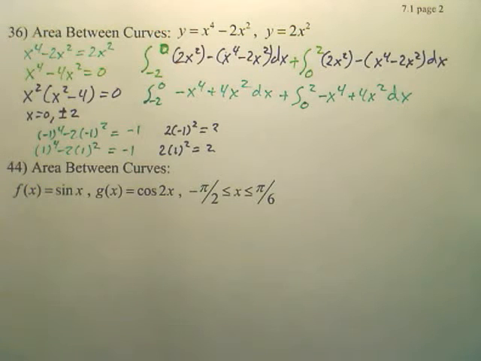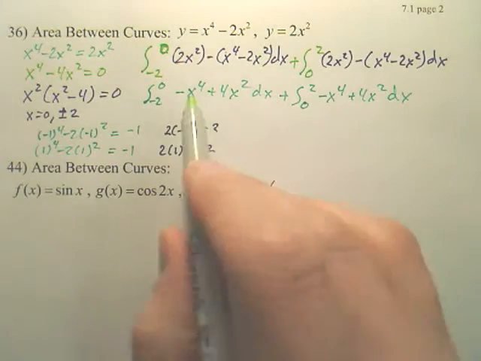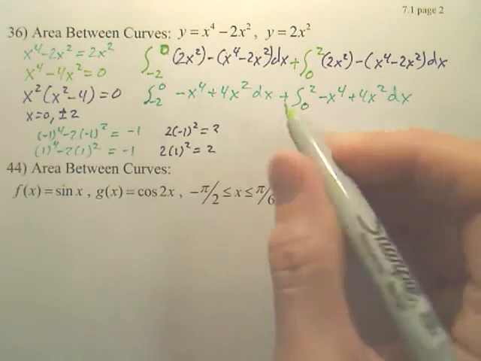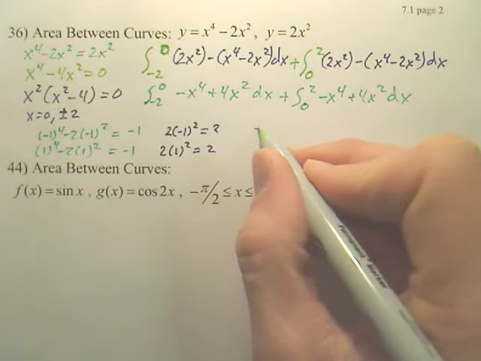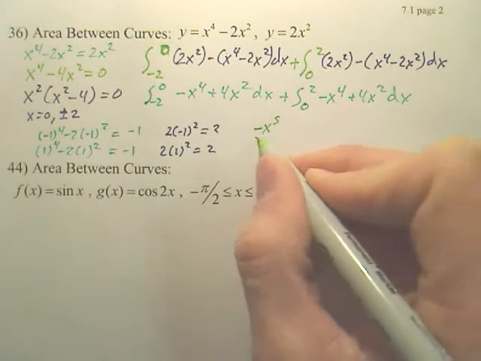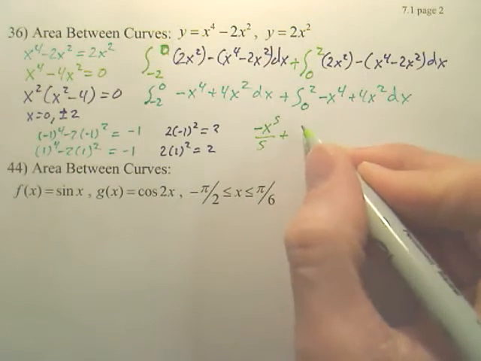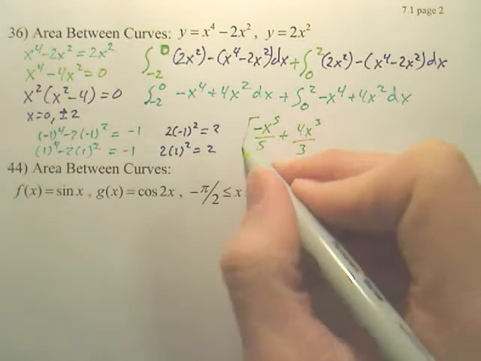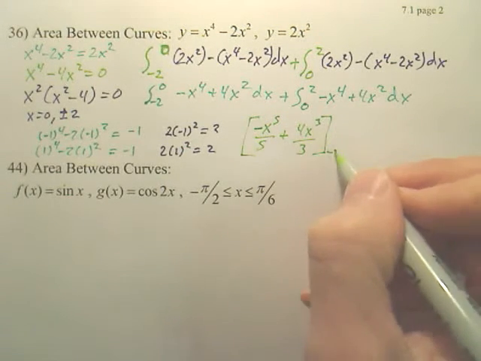I don't know. Let's just do this. When you integrate this, what's this going to be? Negative x to the fifth over 5 plus 4x to the third over 3, and that's from negative 2 to 0.